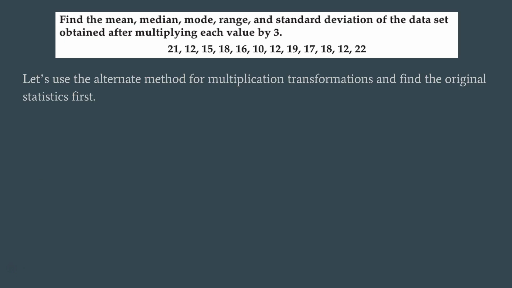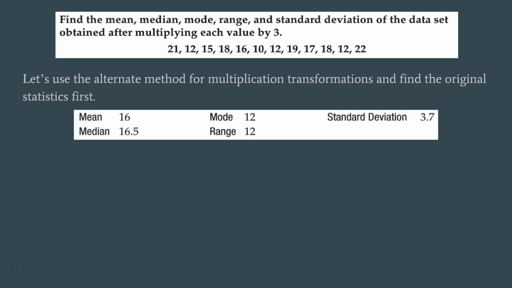So let's go ahead and use the alternate method that we talked about in the previous question to find this out. If I go in with my mean, median, mode, range, and standard deviation, this is what I would get. And if you look up here, it says we're multiplying by a value of 3.